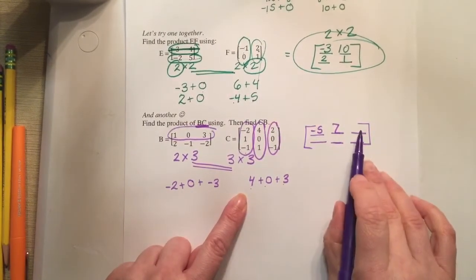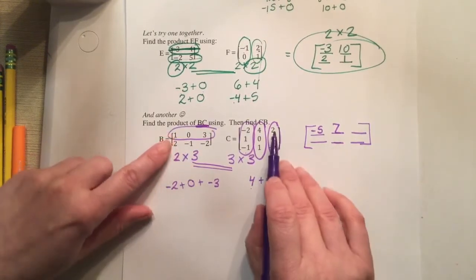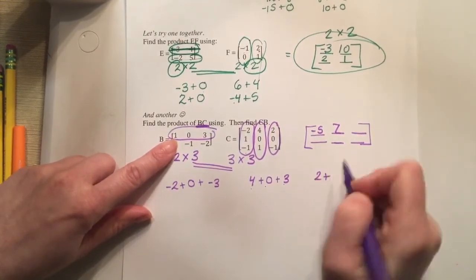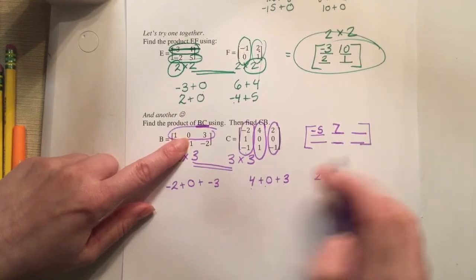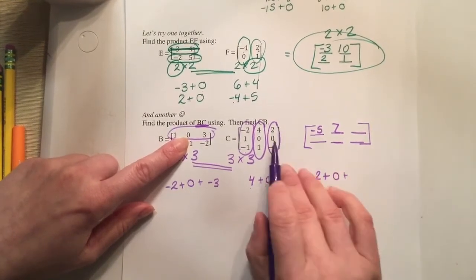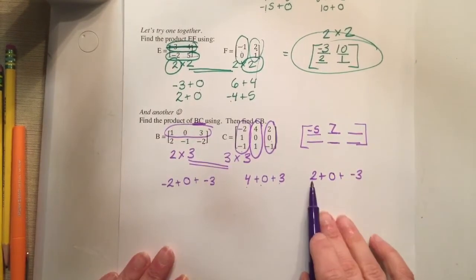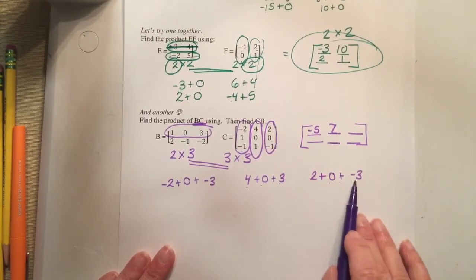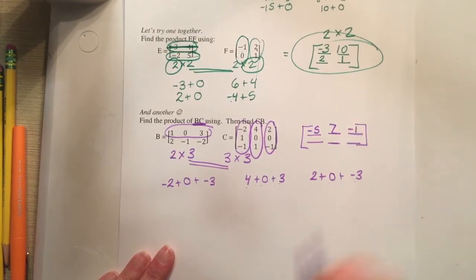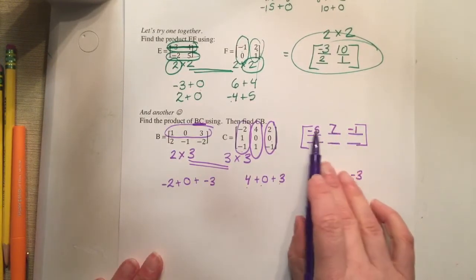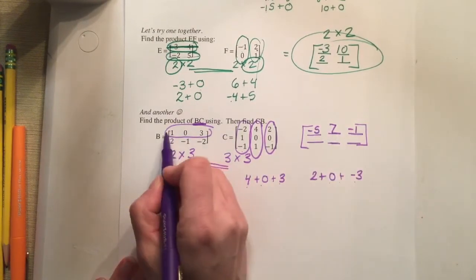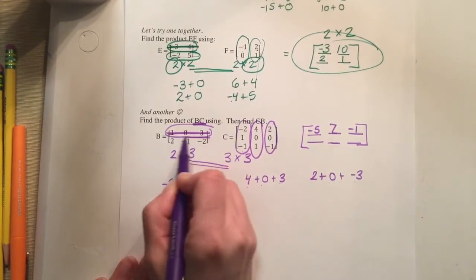Last column, so last value in row 1. 1 times 2 is 2, plus 0 times 0 is 0, plus 3 times negative 1 is negative 3. 2 plus 0 plus negative 3 is negative 1. I have all of my values for the top row, so I'm done multiplying the top row.